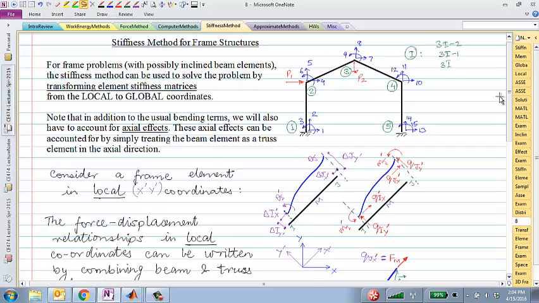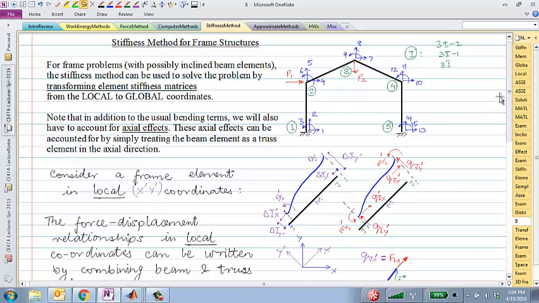I have how many elements? For this problem, there are 4 elements. And for each one of those 4 elements, I want to know exactly how it behaves if I were to give it a displacement. If I have 2 nodes, i and j, then I could give a displacement in the x prime direction at node i.